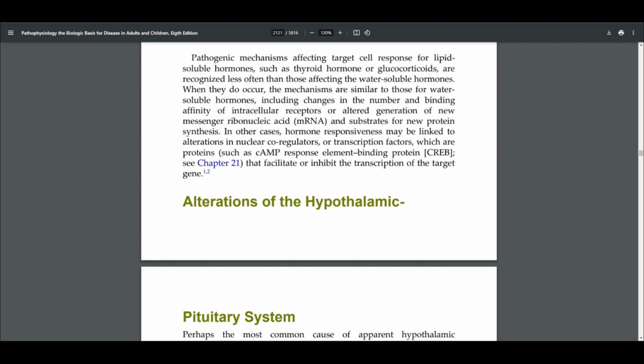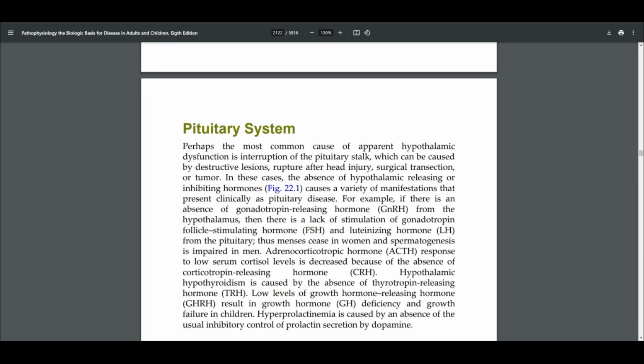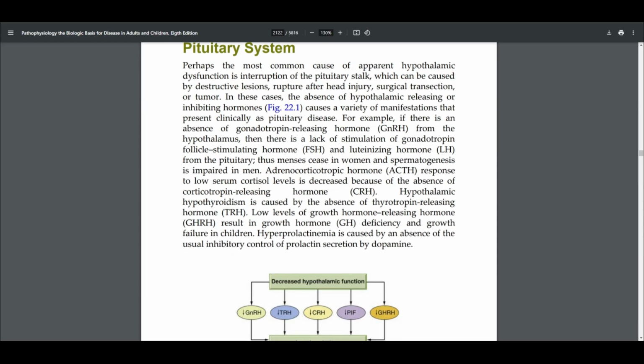Alterations of the hypothalamic-pituitary system. Perhaps the most common cause of apparent hypothalamic dysfunction is interruption of the pituitary stalk, which can be caused by destructive lesions, rupture after head injury, surgical transection, or a tumor. In these cases, the absence of hypothalamic releasing or inhibiting hormones causes a variety of manifestations that present clinically as pituitary disease.